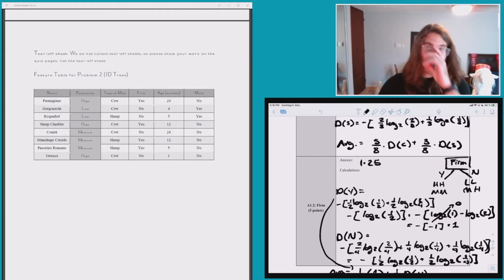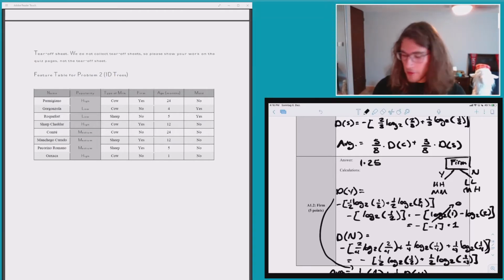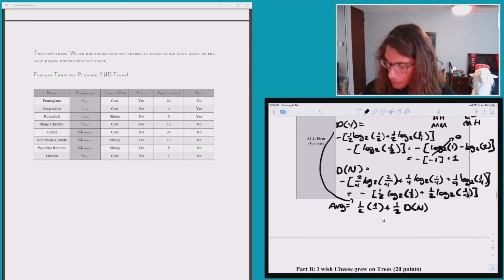So you can use this to practice and to verify that you have the technique down and the theory down. Okay, so onward.